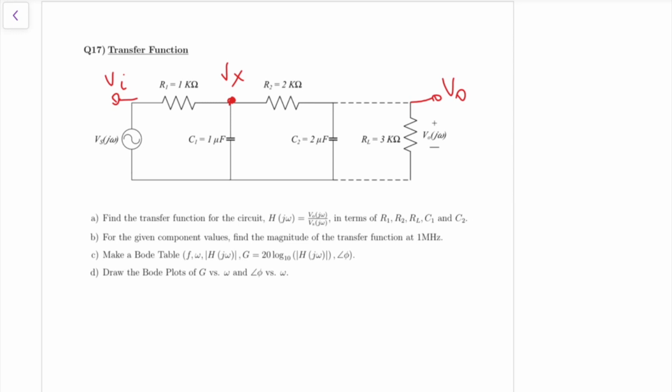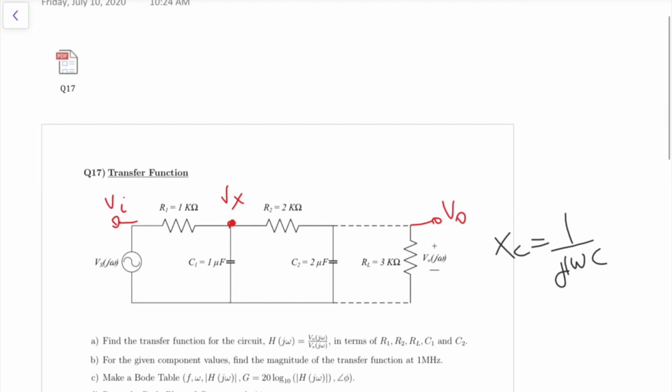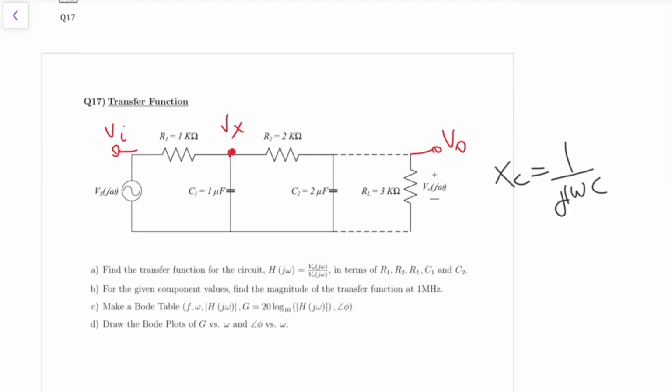Okay, so in this case we have to convert those capacitances to reactances, and if you remember, to convert from capacitance to reactance, a capacitor's Xc is equal to 1 over j omega C. So we have resistors, they're the same in the time domain and the frequency domain, and for capacitors here we have just 1 over j omega C. Okay, so that's it.